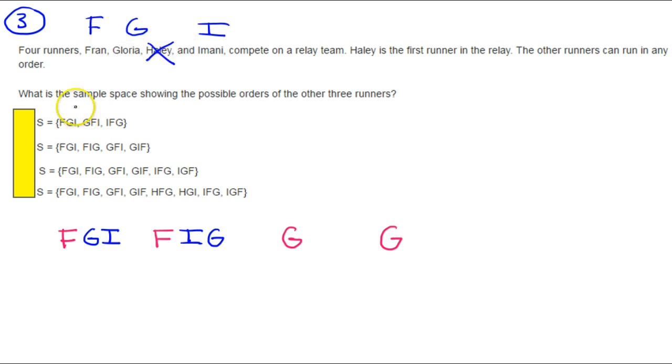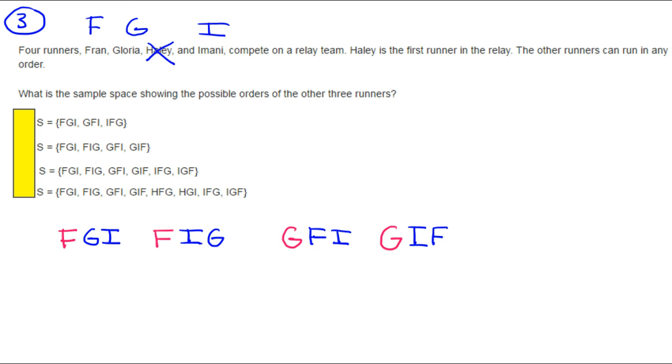Well, Haley is really first, but other than Haley, I guess I should say the ones where Gloria is second. But anyway, if we have Gloria, followed by Fran, and then Imani. Or we could have Gloria, and then Imani, and then Fran. So those are the ways if Gloria were out front.